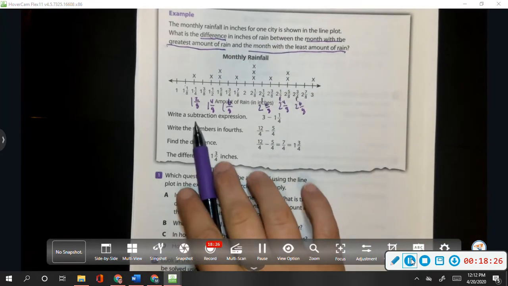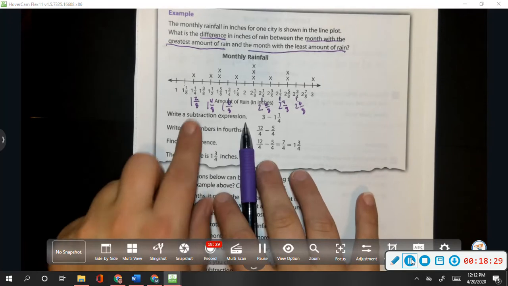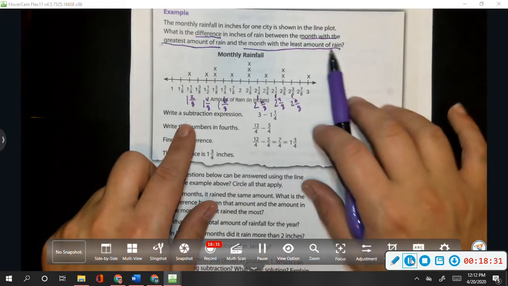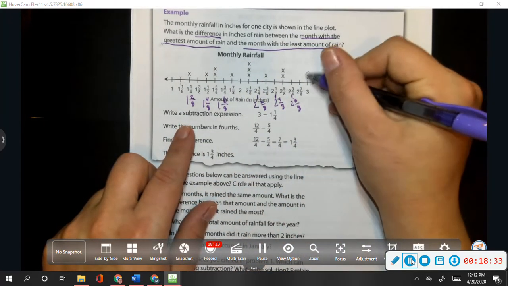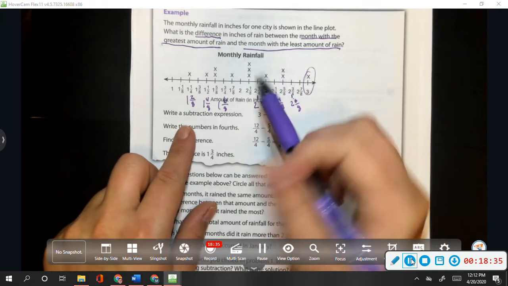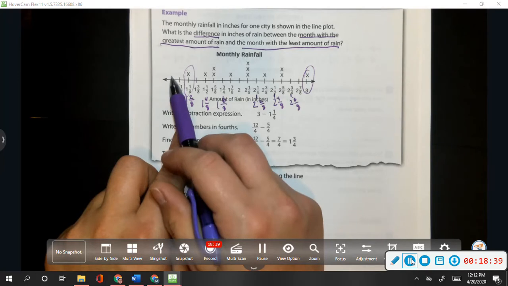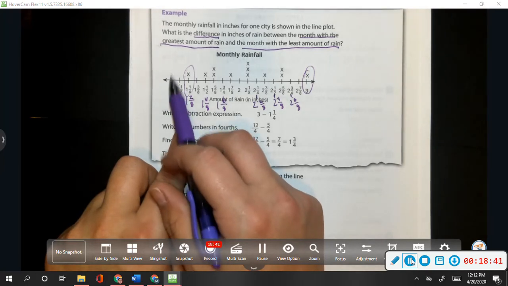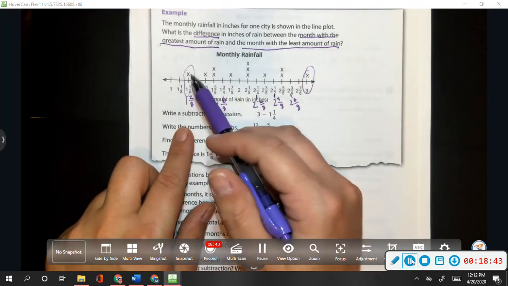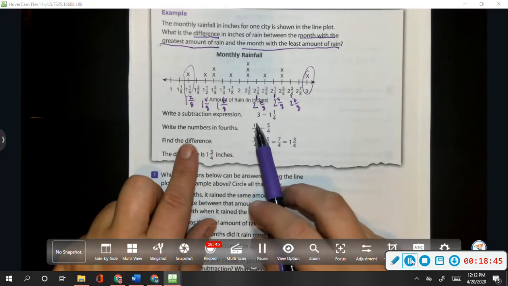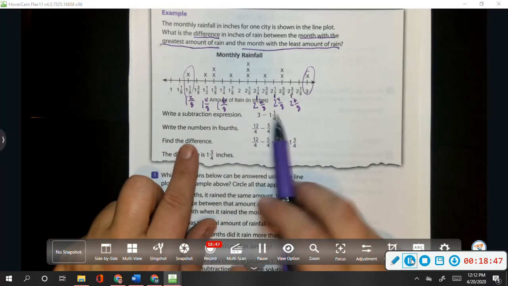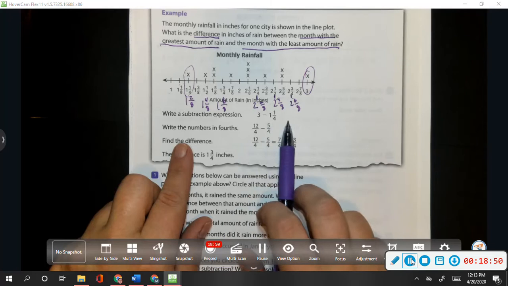Alright, write a subtraction expression. So we took the month with the most, which was over here, and the month with the least, which was over here. Remember, this would count because no month had this amount of rainfall. Only this month did. And we set up our subtraction. We write the numbers in fourths so that they match.